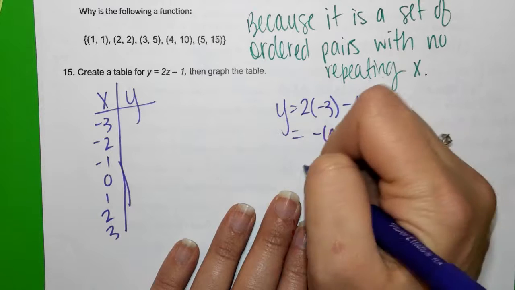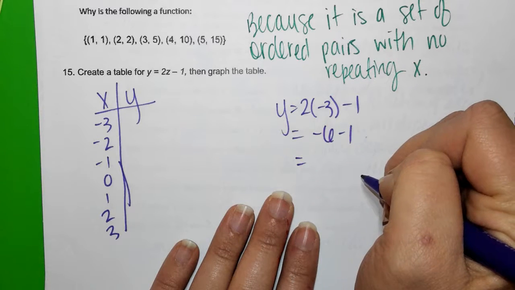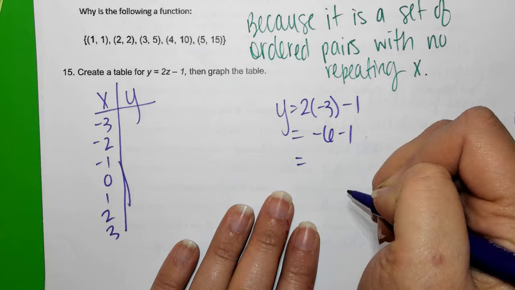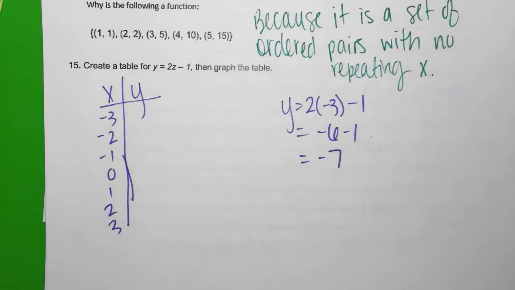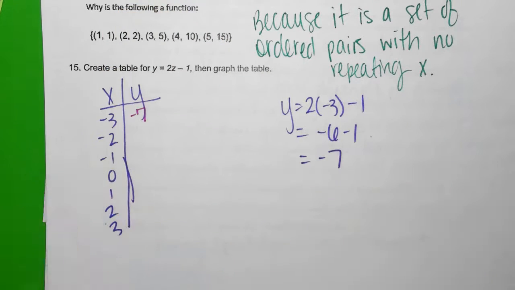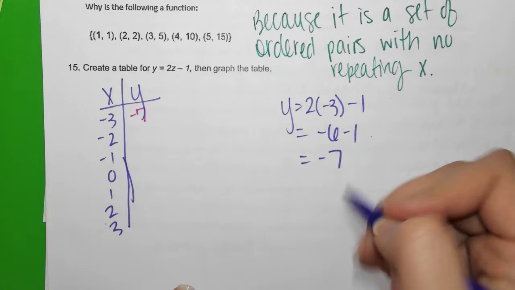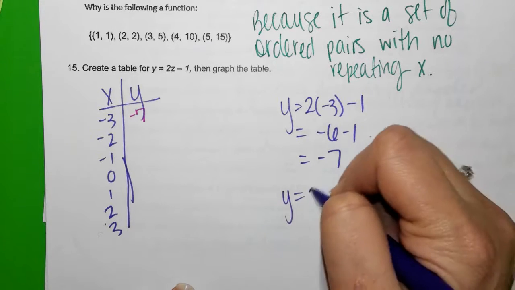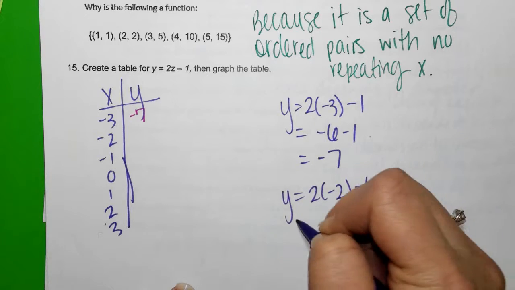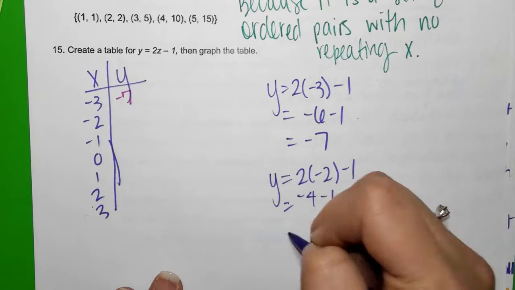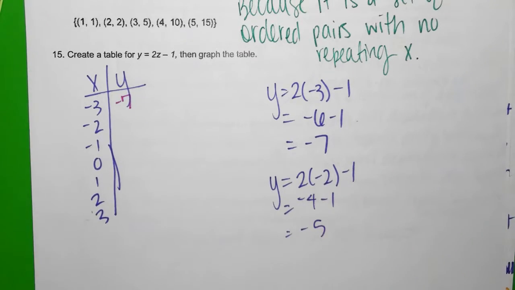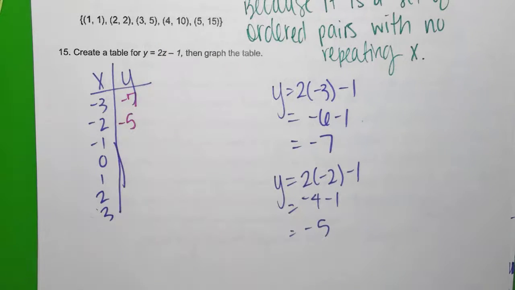And what's -6 minus 1? -7. Alright, and then next we would plug in -2. So what's 2 times -2? And what's -4 minus 1? Alright, so you should be able to finish that table without me because this was homework.